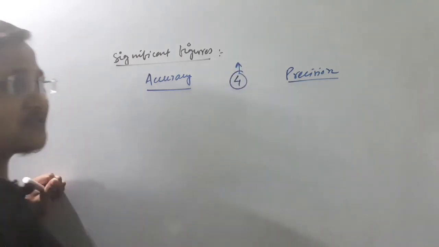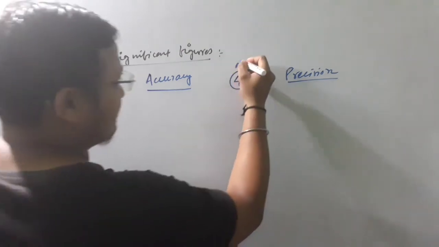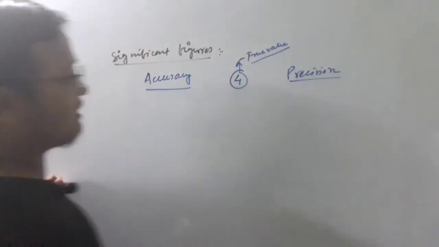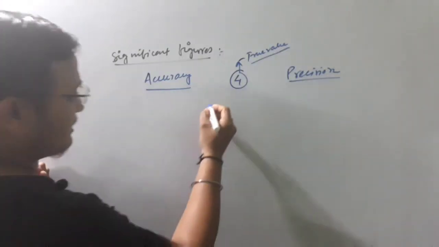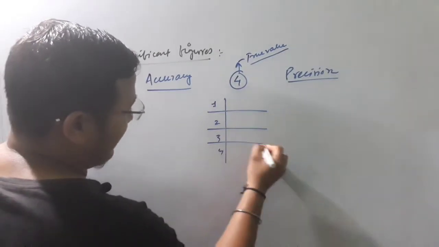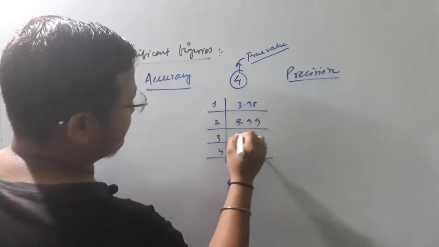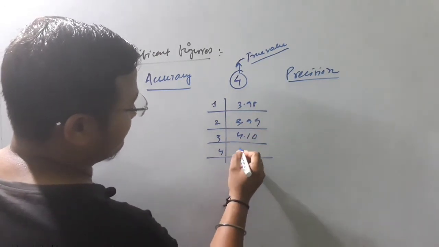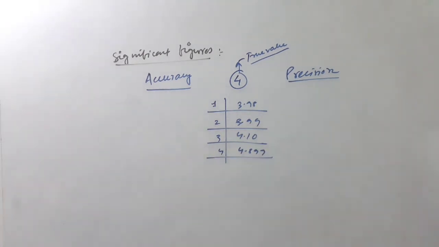When I provide you this value, that your value should come as 4, this is known as the true value. Now you examine the thing a number of times, say 4 times, and you get values like 3.98, 3.99, 4.110, 4.899. Suppose we have not got 4.